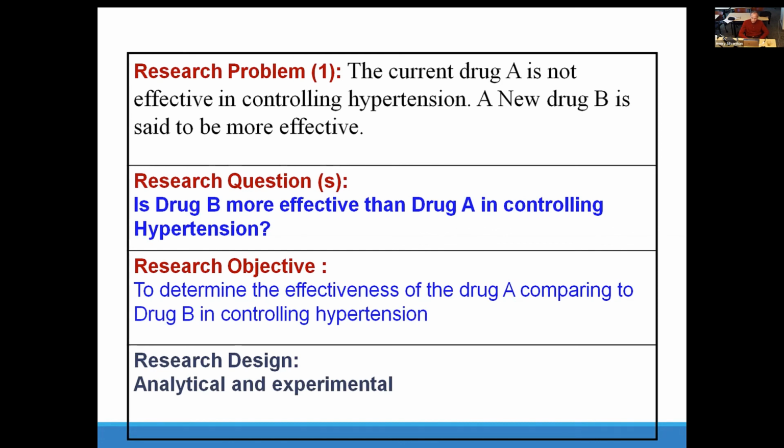What's the difference between effectiveness and efficacy? Who will answer this question? I'm not picking on people, I'm looking for volunteers. Can you repeat the question? What's the difference between efficacy and effectiveness? Why did you use the word effectiveness as opposed to efficacy?